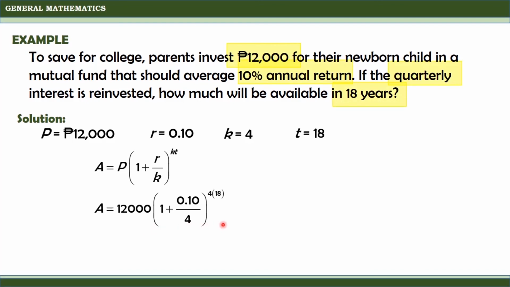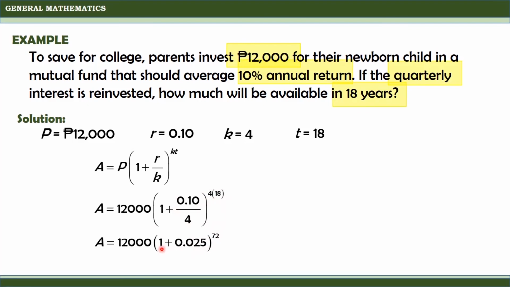In this formula, we need to evaluate first 0.10 divided by 4 and 4 times 18. It will give us 0.025 for 0.10 divided by 4 and 72 for 4 times 18.